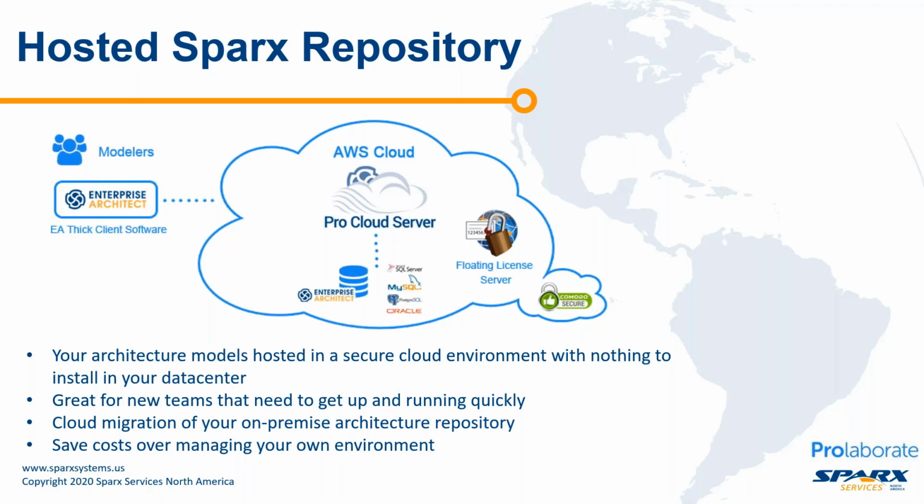You have the folks within your architecture team who are providing guidance in terms of what needs to be done. With this option, you have the ability to move out of the administration business and move into the architecture business, which is where your architecture teams should be focusing. Let us take care of the admin stuff. We do it for a lot of companies. Let us do it for you.